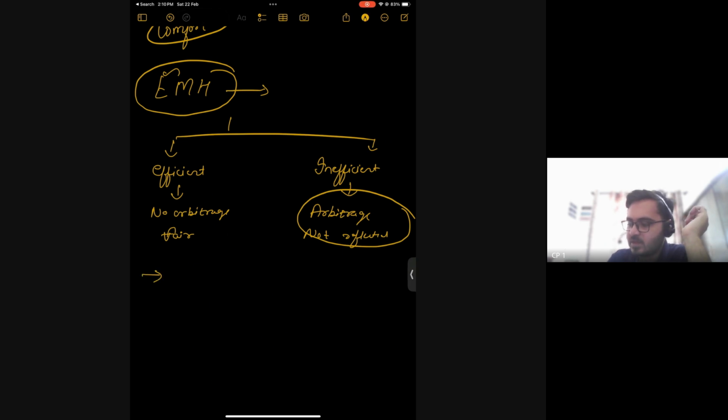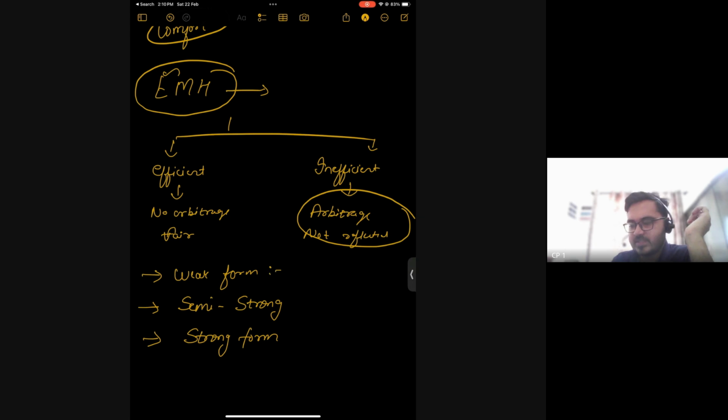Within efficient, we had weak form efficiency, we had semi-strong form efficiency, and we had strong form efficiency. Weak form efficiency basically told me that I cannot use historical data because my present share price incorporates all the historical data, which means that technical analysis is not going to work.